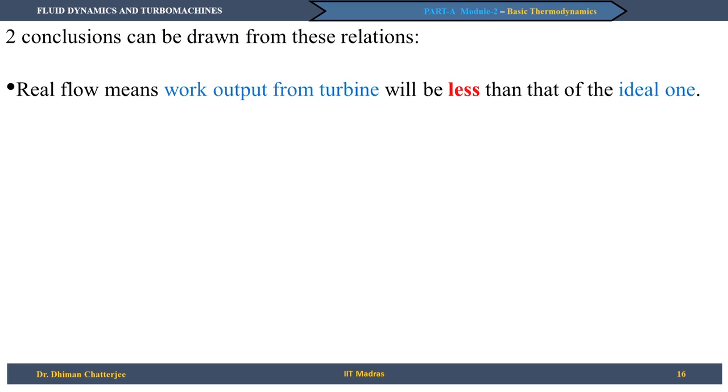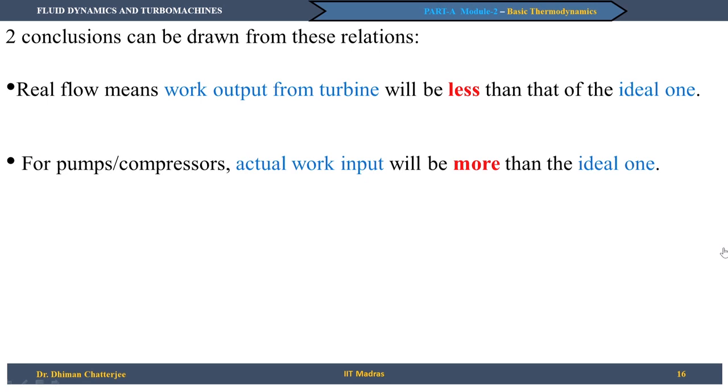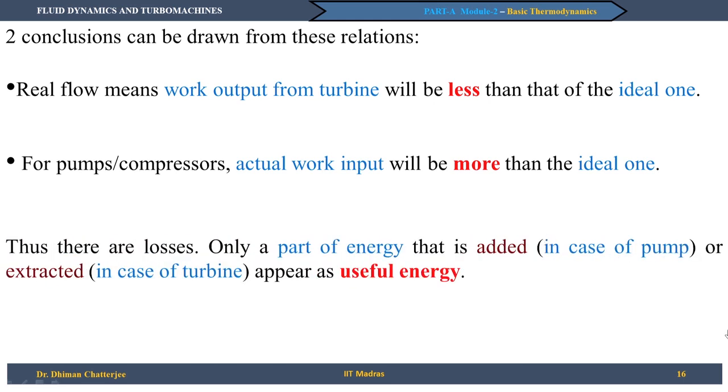Real flow means the fluid has viscosity and there are mechanical friction losses, and hence the output will be less. And for pumps and compressors, the actual work input will be more than the ideal one. These are because of the losses, and hence only a part of the energy that is added in the case of a pump or extracted in the case of a turbine appears as useful energy.